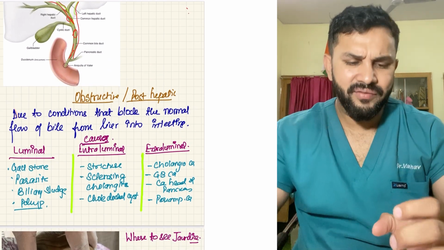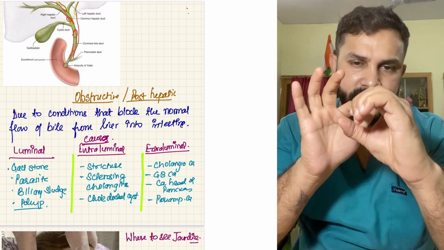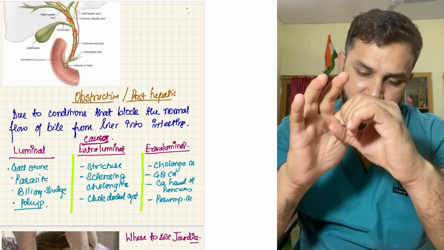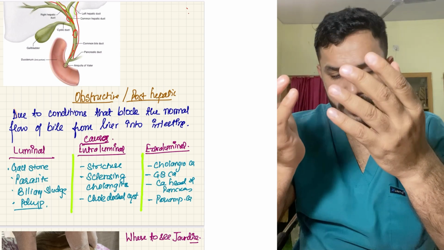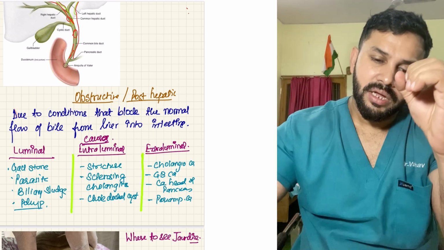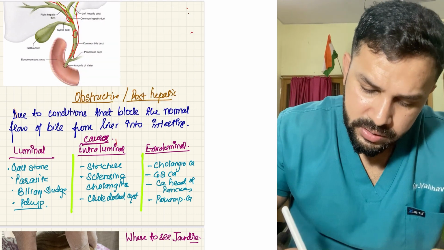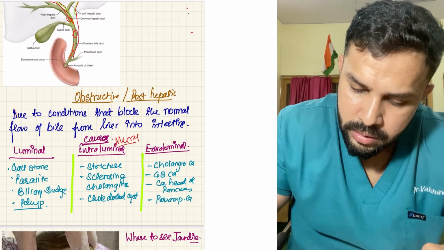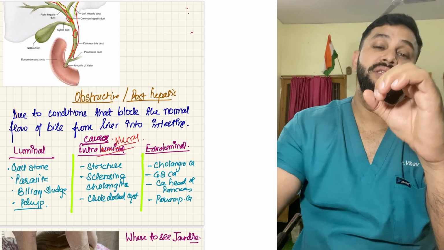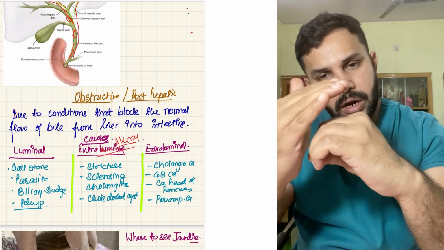So we can define it like, if this is the CBD, we can tell luminal means inside the lumen, intraluminal, mural, intramural, and extraluminal causes, okay. Luminal means inside the lumen, mural means in the wall, and extraluminal means outside the wall.